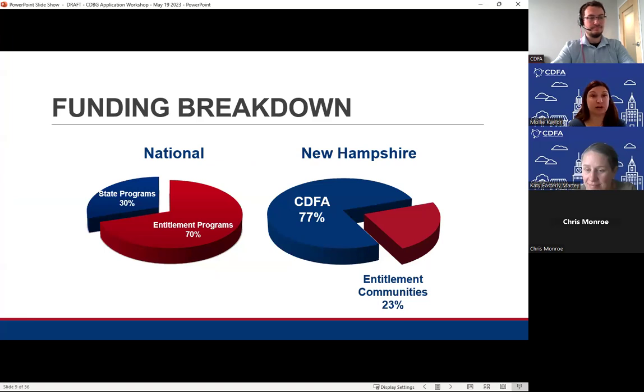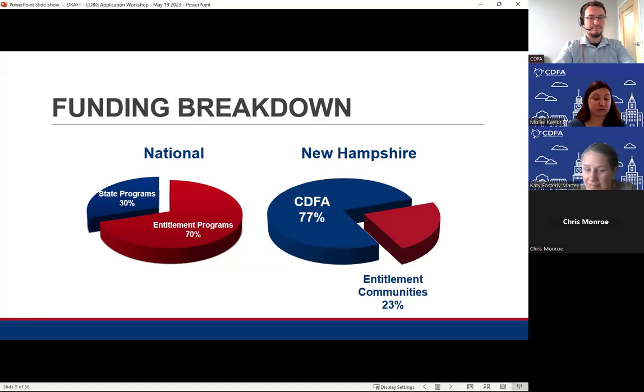CDFA deploys approximately $9.3 million of Community Development Block Grants, or CDBG, funds each year. As you can see here, there are some pie charts that illustrate the funding breakdown. At the national level, HUD CDBG funding is broken up into two primary program areas. This includes the entitlement programs and the state programs.